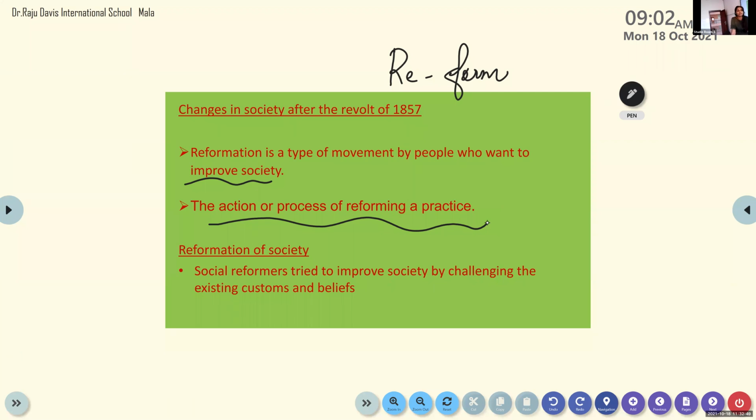Children, is the textbook with you? Yes, ma'am. Now underline the yellow box in the textbook, page number 41. Reformation is a type of movement by the people who wanted to improve the society. What do you mean by improve? Make changes. Yes.